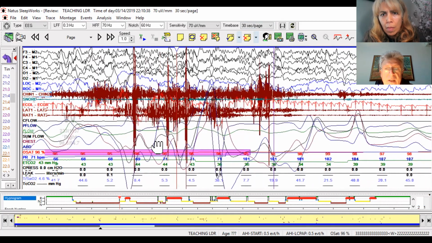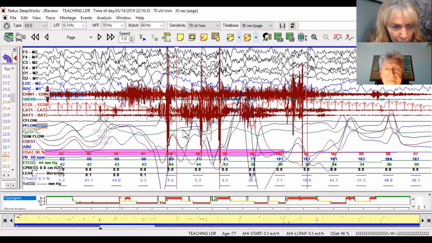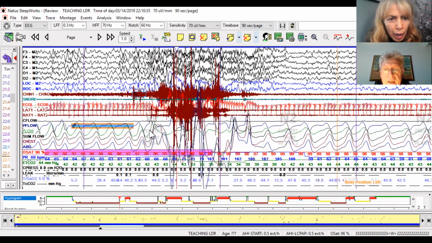Tell me, what is the sleep stage assigned to this? So this is a transition between N3 and N2. Let me see where this epoch starts. The epoch was scored wake, and the previous one was N3.